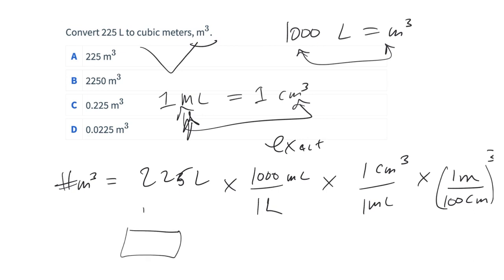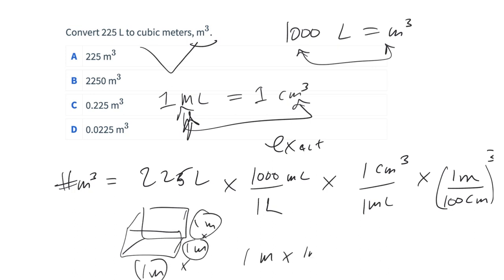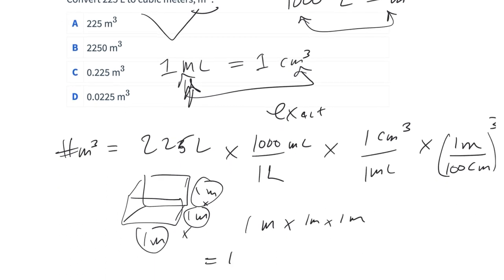If you imagine a cubic meter box, 1 meter by 1 meter by 1 meter, that is 100 centimeters by 100 centimeters by 100 centimeters.